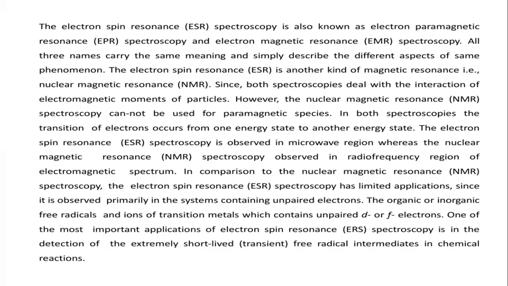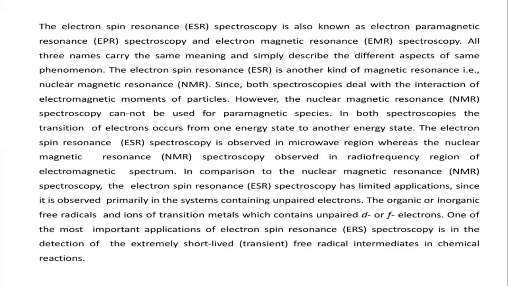ESR is another kind of magnetic resonance, like the popularly known NMR, nuclear magnetic resonance spectroscopy. Both spectroscopies deal with the interaction of the magnetic moment of a particle; however, NMR cannot be used for paramagnetic species. In both, a transition occurs from one energy level to another, that is, from ground to excited state.